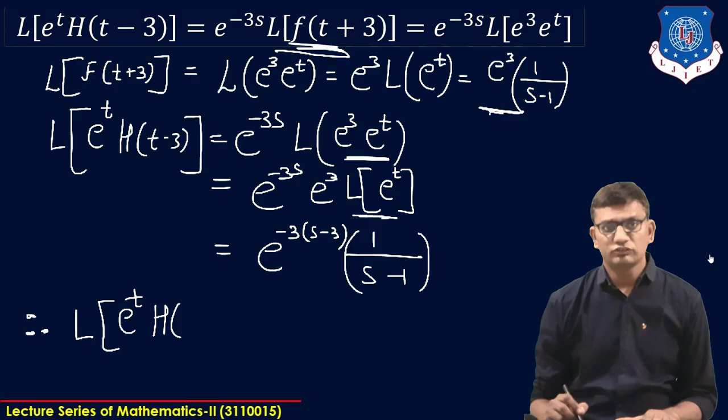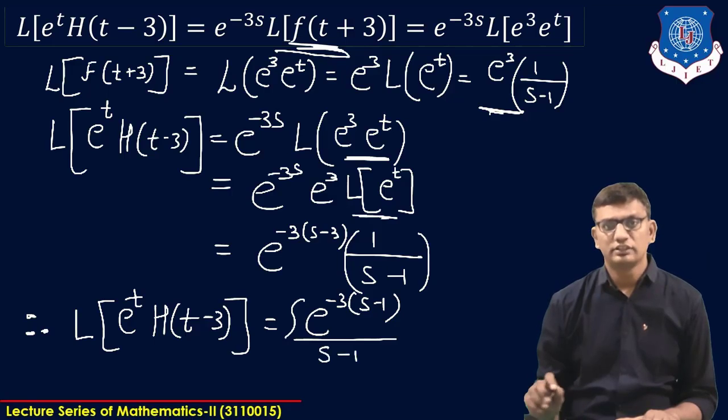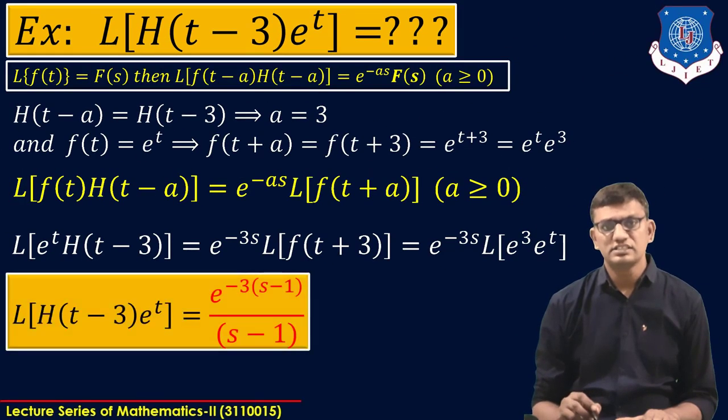Therefore, Laplace of e raised to t h of t minus 3 equals e raised to minus 3 s minus 1 upon s minus 1. That is our final answer. So our final answer is e raised to minus 3 s minus 1 upon s minus 1.